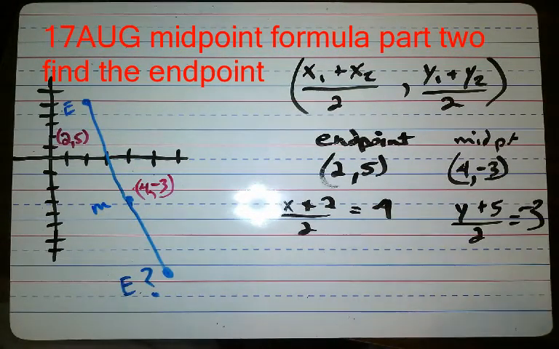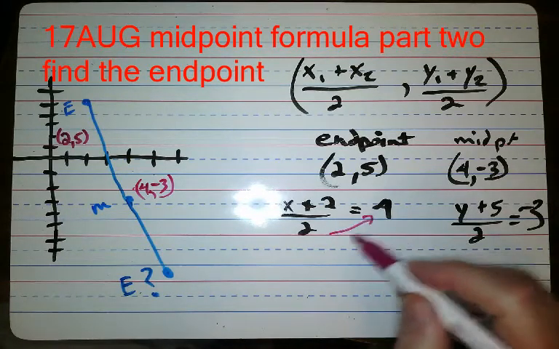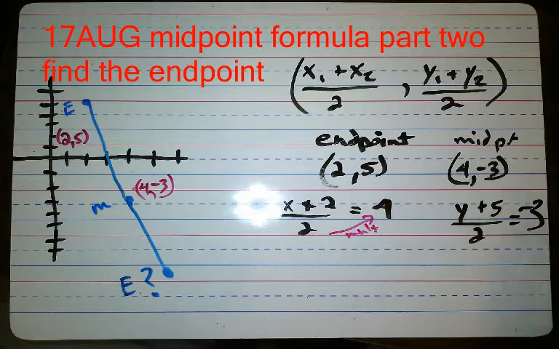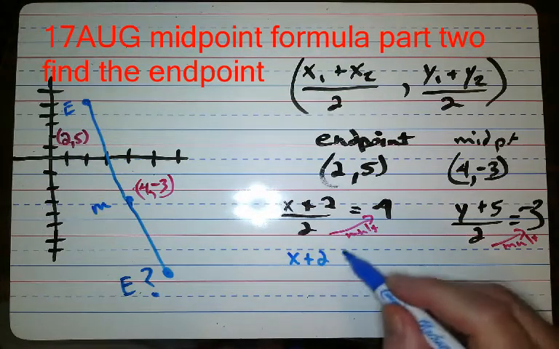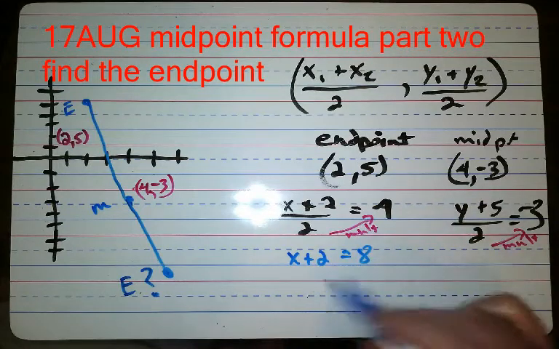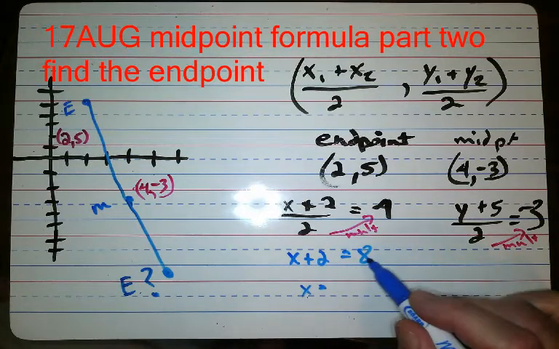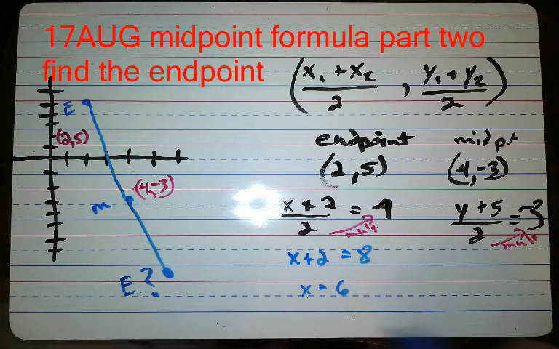To get rid of this 2, we'd have to multiply by 2. Multiply by 2, and then this makes x plus 2 equals 8. Subtract the 2, x equals 6.